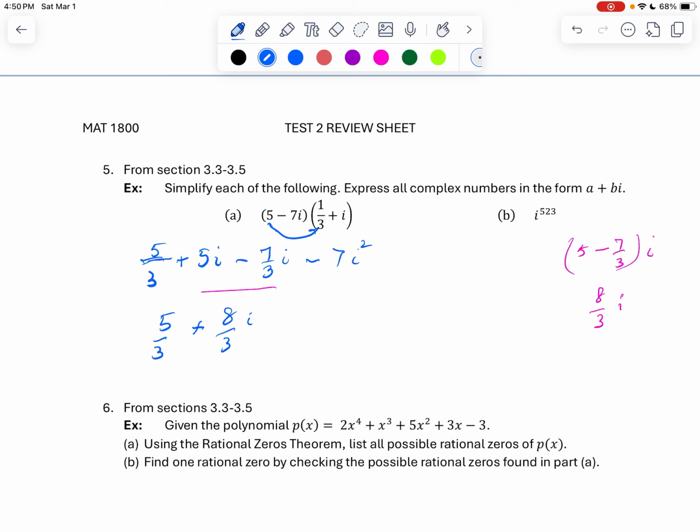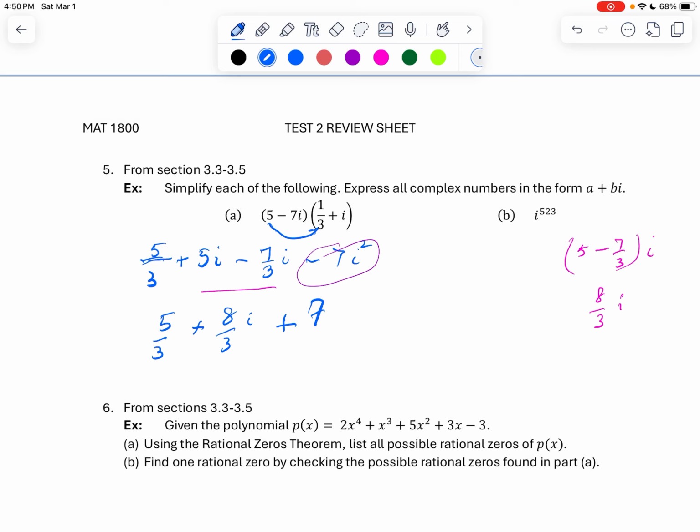What about this last term? Well, I squared is -1. So this becomes minus, and then the I squared is -1, so it becomes plus 7.